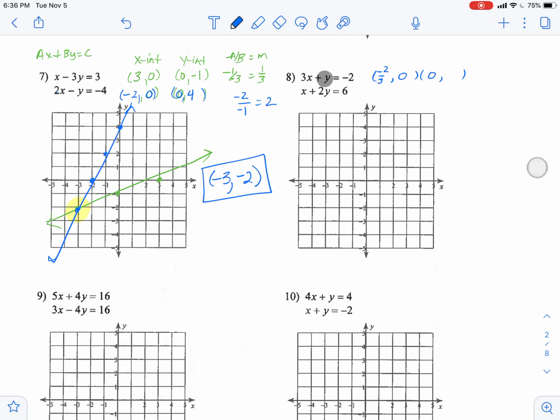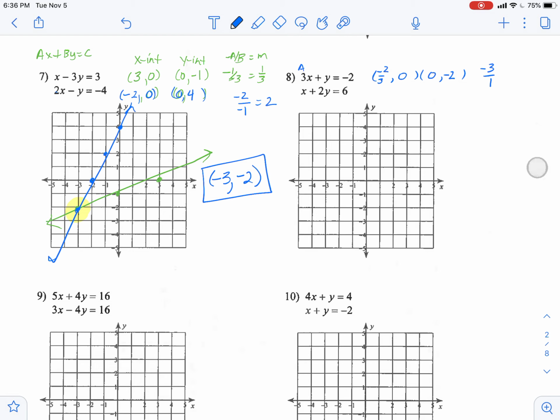And then if I let my x be 0, that'll eliminate, and I see that I have y as a negative 2. Now, this is again one of those that I might want to do my slope in, because my slope again is a negative a over b.